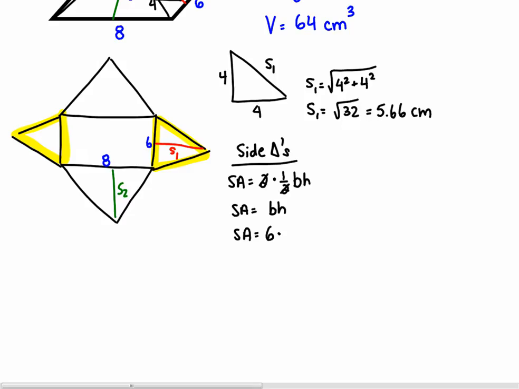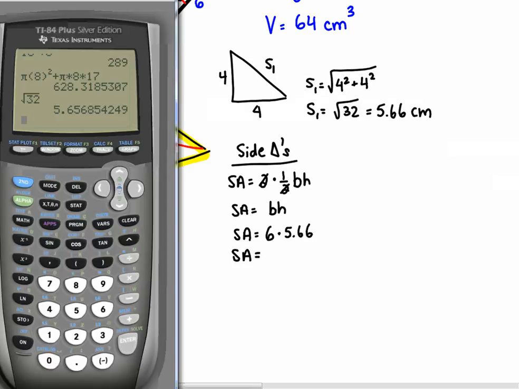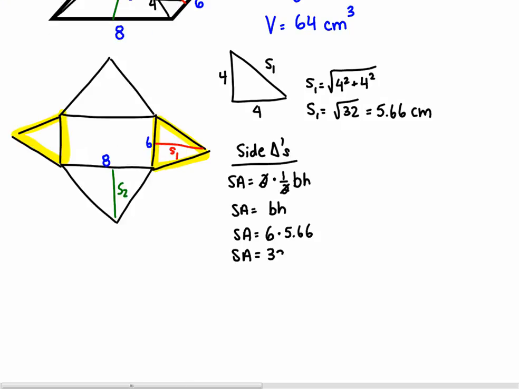What's the slant height, or the height of that triangle? 5.65, yeah, approximately 5.66. Okay, so we're going to take our previous answer that we had already in our calculator, and multiply it by 6. So the 2 side triangle surface area is 33.94.